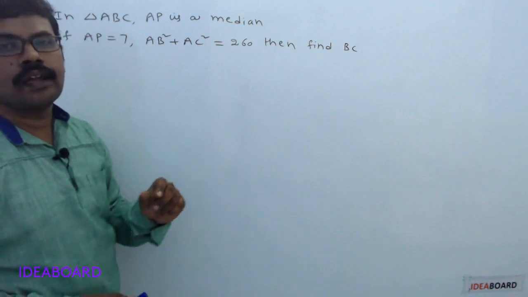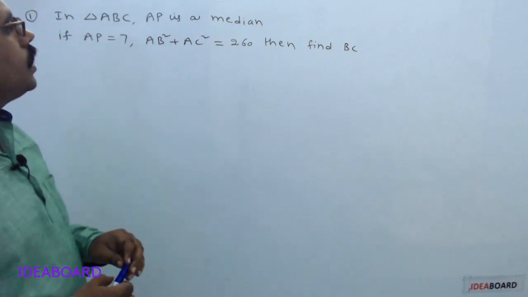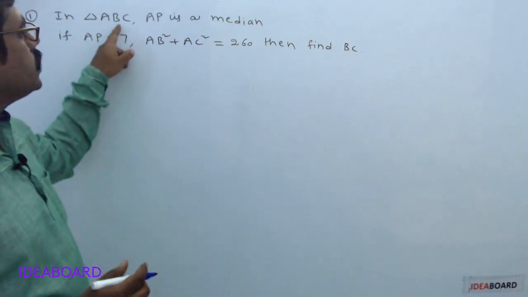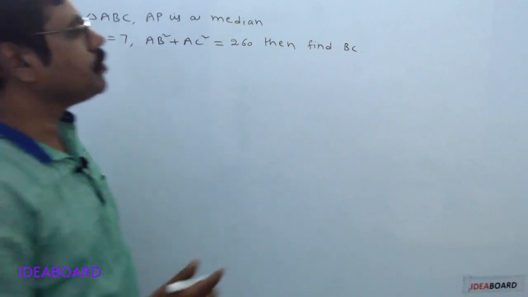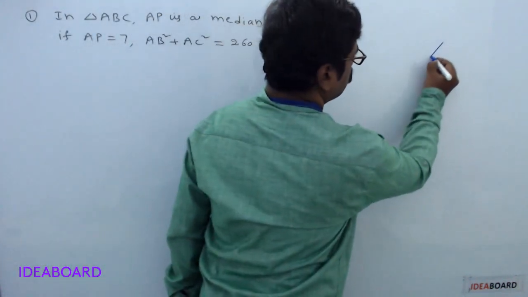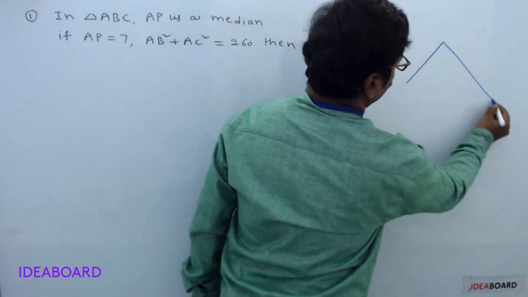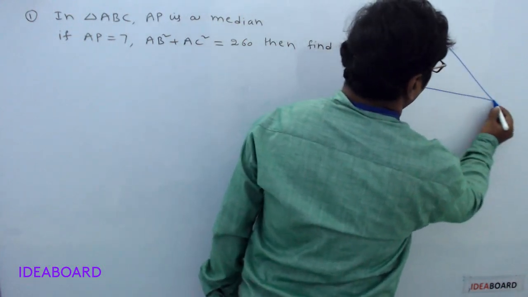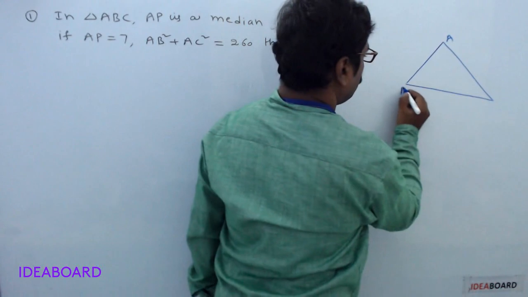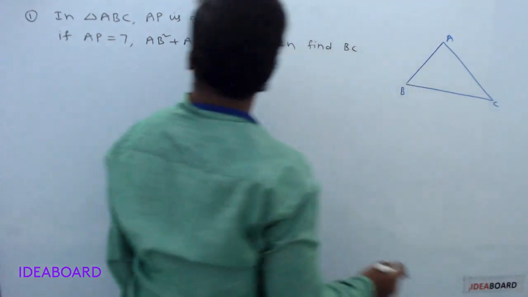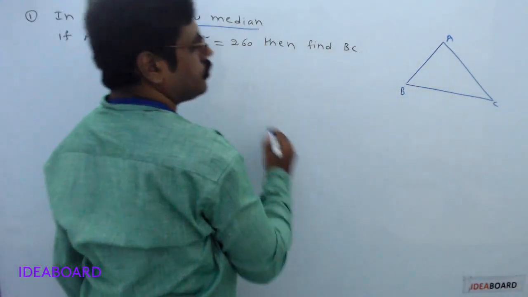First, draw a diagram related to the given data. In triangle ABC, A, B, C, AP is the median.